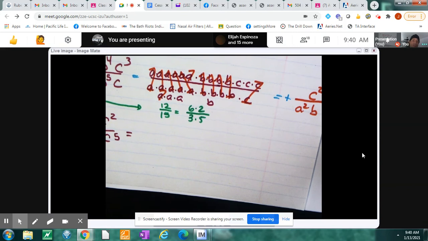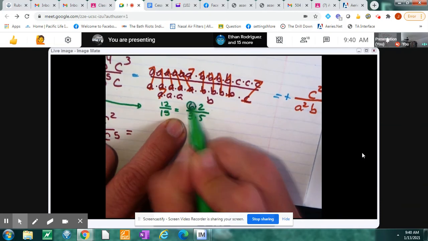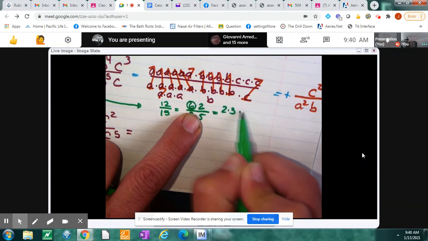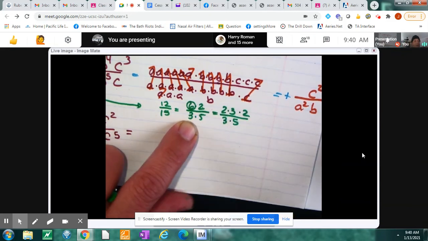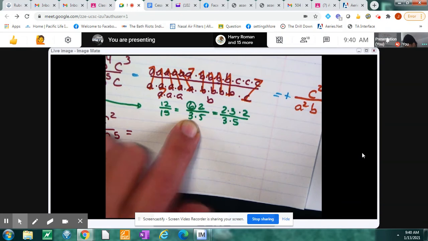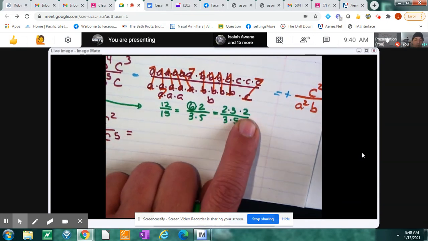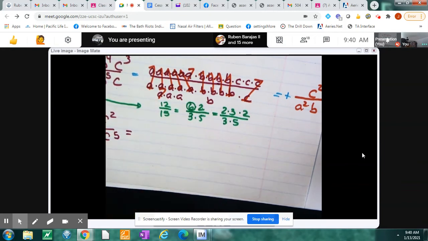Or you could have used 3 times 4 for 12, all right? But 6, you could break down this 6, and you could say, oh, that's 2 times 3, and then times 2, over 3 times 5. So you want to break it down as much as possible, okay? Because look, 2 times 3 is 6, and 6 times 2 is 12. You still get the same thing. So now, do I have any giant ones?